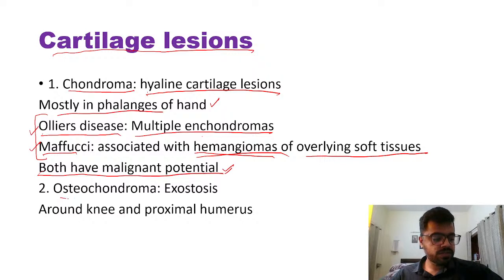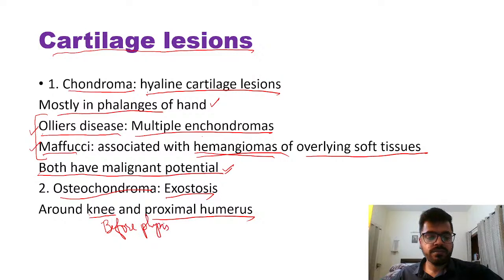Next, we discuss osteochondroma, which is also called exostosis. As we have previously discussed, it occurs more around the knee and the proximal humerus before closure of physis, and it grows away from the joint.